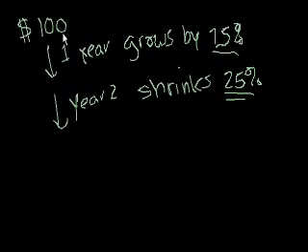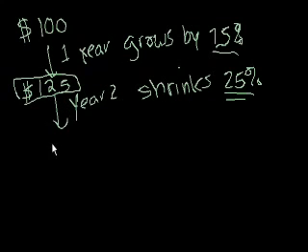If I start with $100 and I grow it by 25%, 25% of 100 is $25. So I grew it by $25, so I go to $125. So after 1 year of growing by 25%, I end up with $125. And now this $125 is going to shrink by 25%. If something shrinks by 25%, that means it's going to be 0.75, or 75%, of what it was before, right? 1 minus 25%.